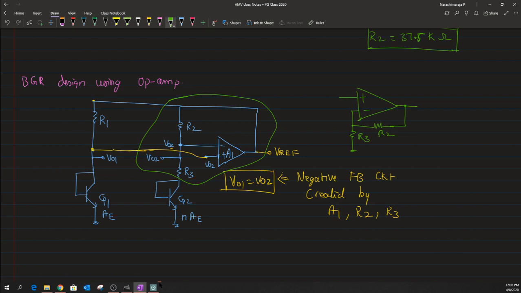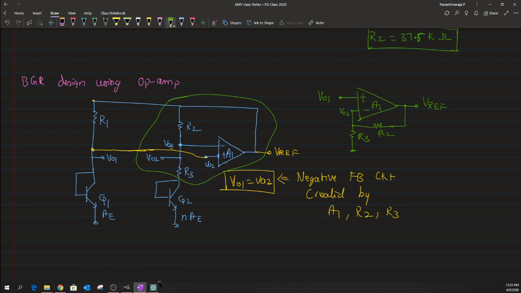So in this case we fed our value of VO1. This particular op amp, if it is ideal, will also ensure that our VO2 will be exactly equal to our VO1, and the output of this is taken as V reference. So now let us talk about this op amp.